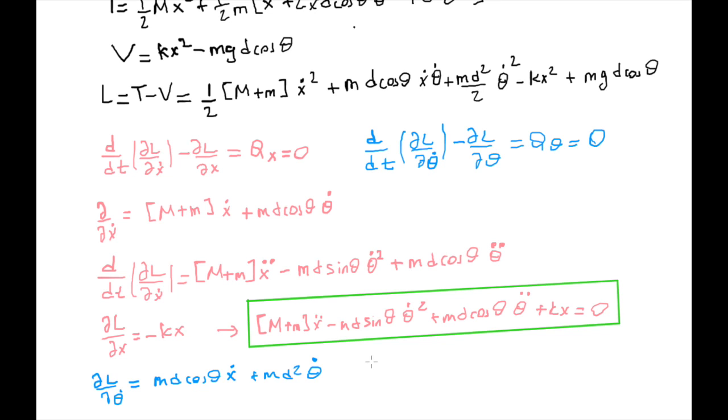Okay, good. And partial L partial theta is, so I have theta here and here, so it's going to be minus md sine theta x dot theta dot minus mgd sine theta.